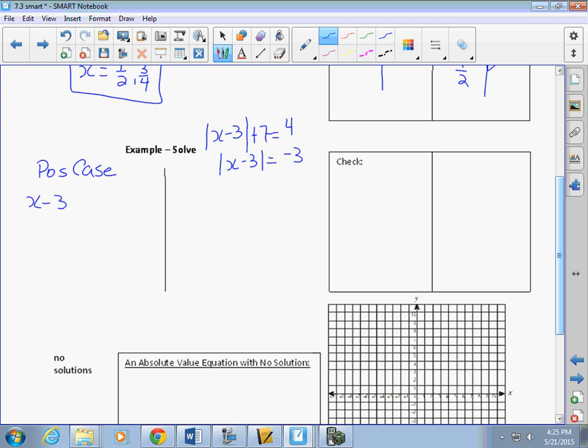So x minus 3 is equal to negative 3. So my negative case then is x minus 3 is equal to the negative of negative 3. So on this one, if I add 3, x is equal to 0. And on this one, x is equal to 3 plus 3, so it's a 6.